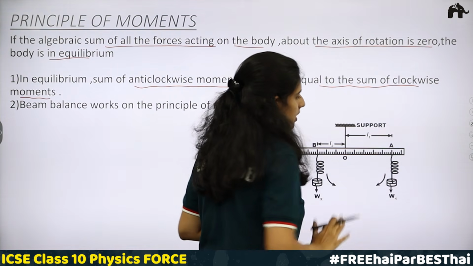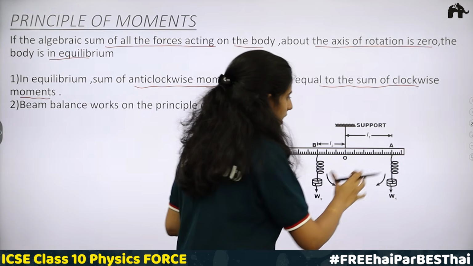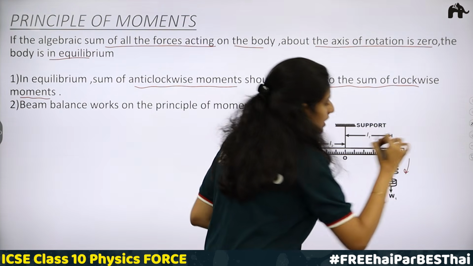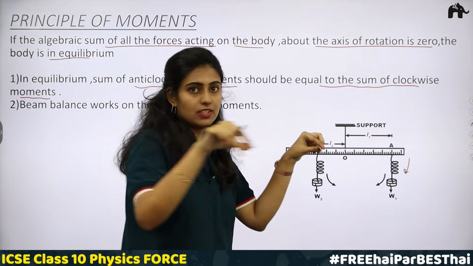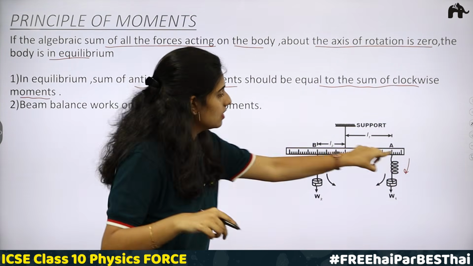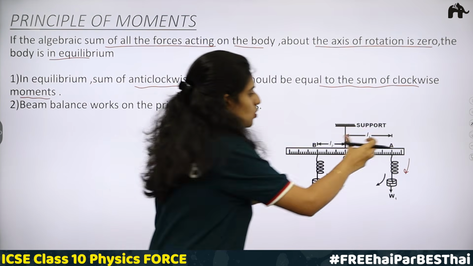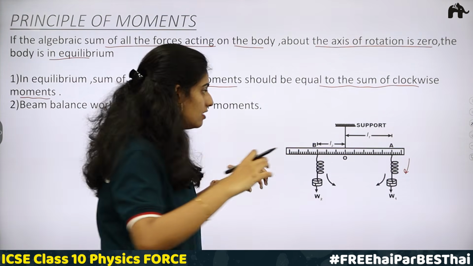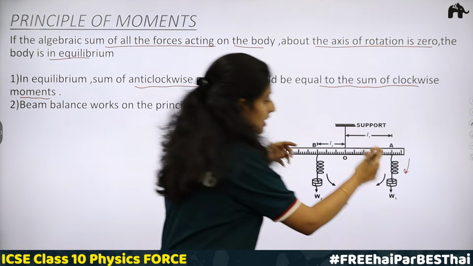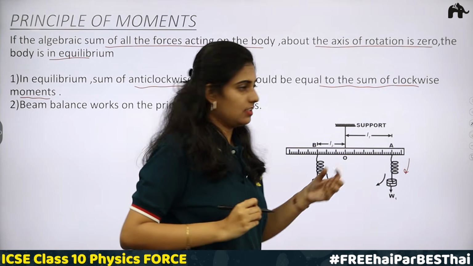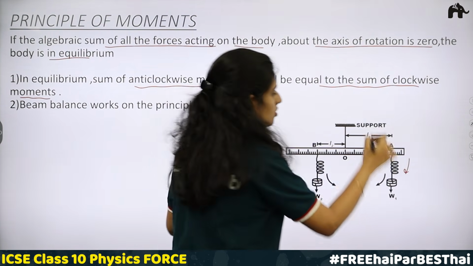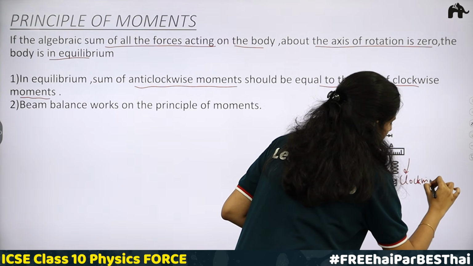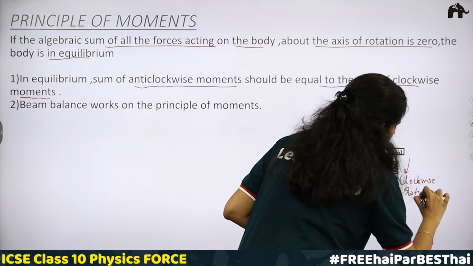This weight W1 is more, and in that case there may be a tilt. Here you have the horizontal meter rule. More weight is applied and the distance is very large. In that case, what may happen? The body can undergo a rotation. This weight can bring a rotation, and here it is clockwise. Clockwise rotation is happening.